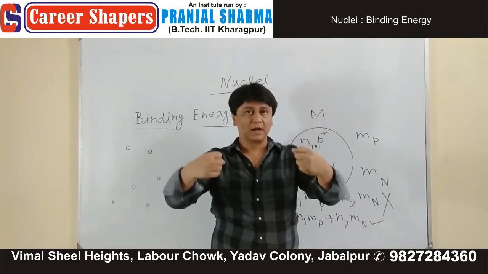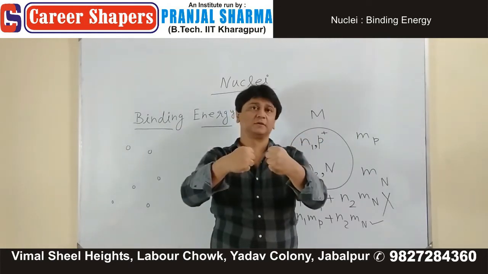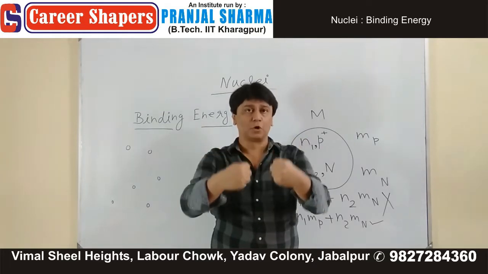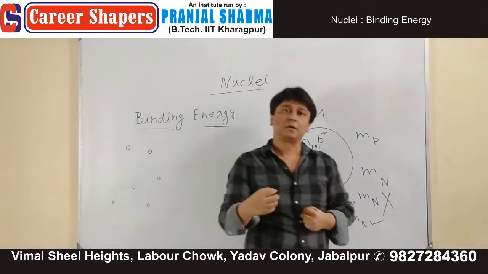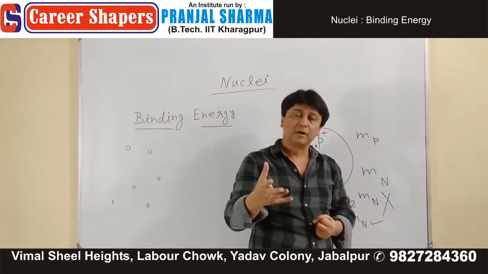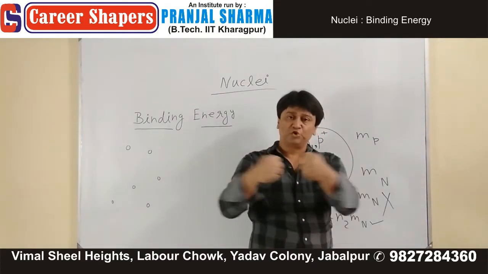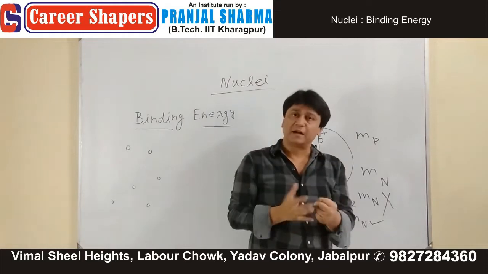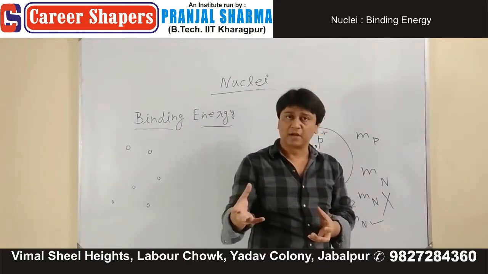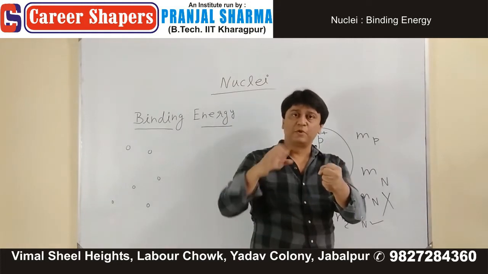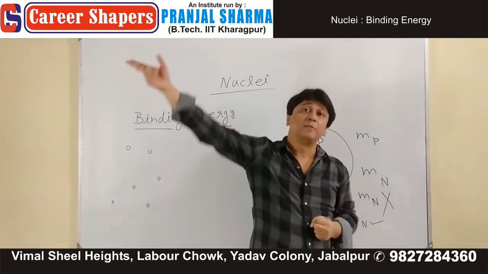Now, this nuclear force is a very strong force. It attracts these protons, and because of that, these protons gain some kinetic energy. But eventually, when everything settles down, this kinetic energy is not present. So, the energy part is coming out.